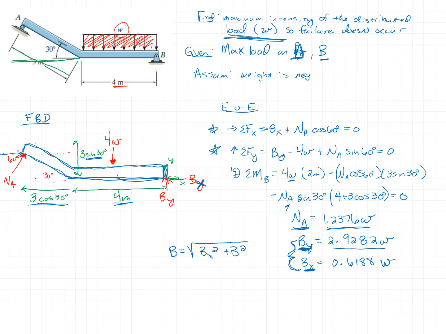So I'm going to square this one, and take the square root, and get the value for B in relation to W is 2.9282W. So now I have these two that I can test and see our W.